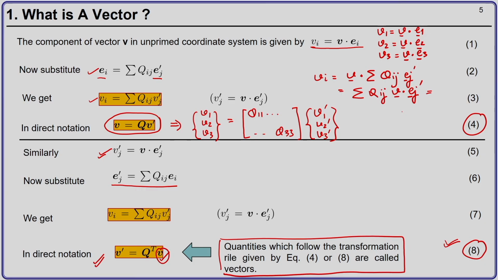We start with the vector in the prime system and try to show that the components of the quantity transform according to equation 8. If they do, then that quantity will be called a vector. If the components of that quantity do not transform according to equation 8, then that quantity will not be called a vector.